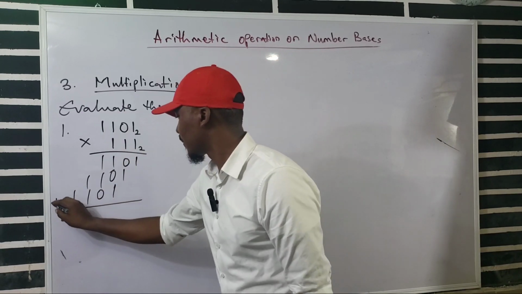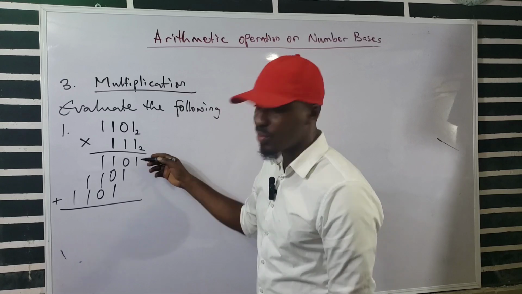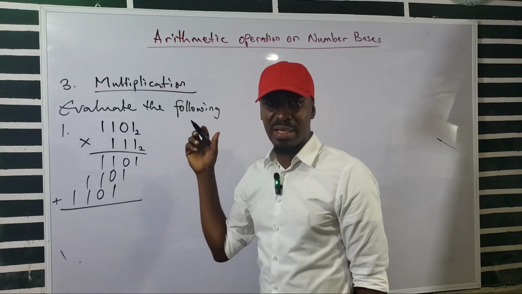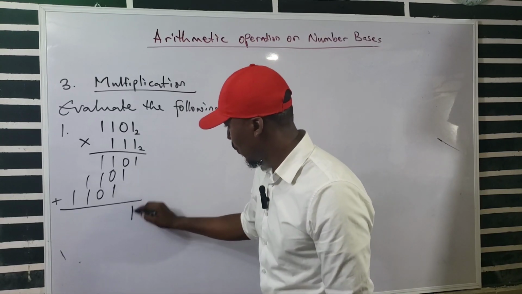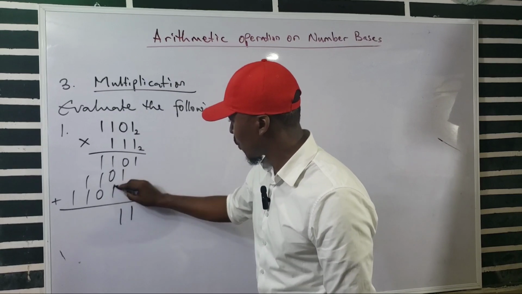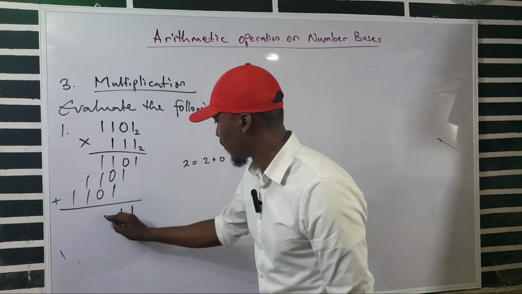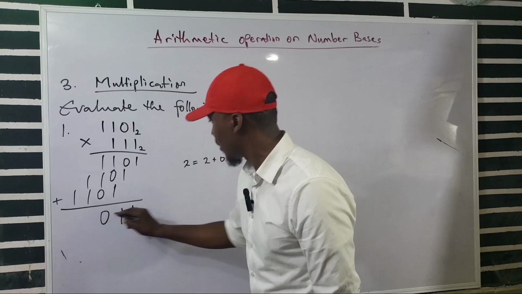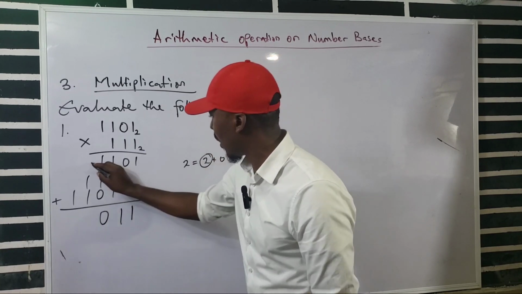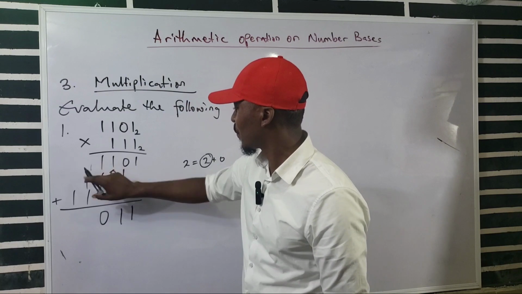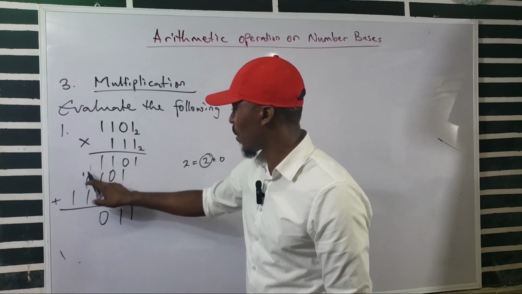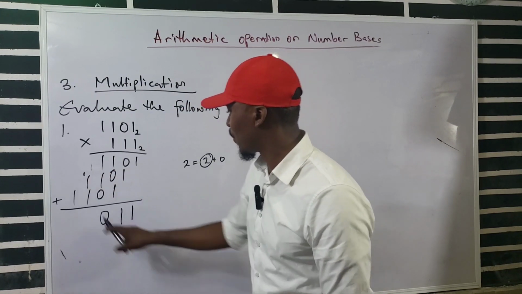So you add. So when you add, this is where you have to be careful. Remember what we did in addition. So 1 plus 1 will give you 2. 2, you share it, 2 plus 0. So you have what? 0. How many 2 do you have? 1. You add it on this one. So 1 plus 1, 2 plus 1, 3.